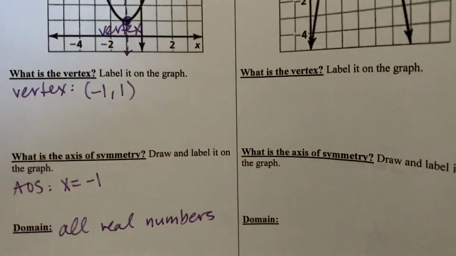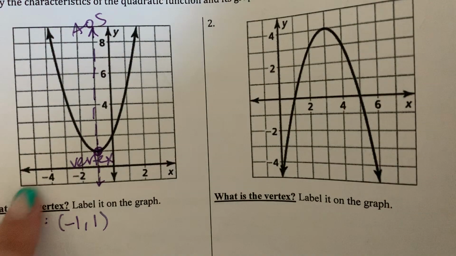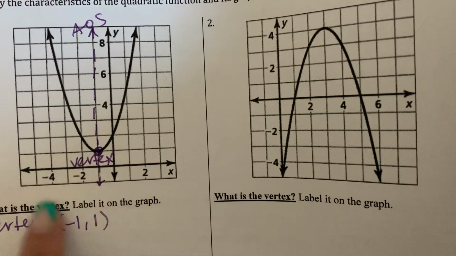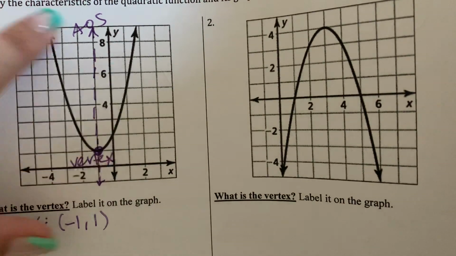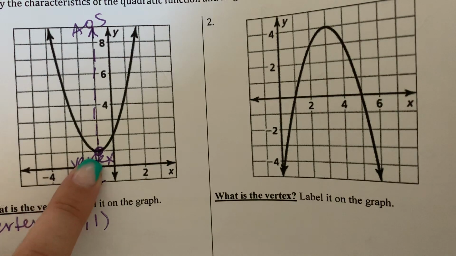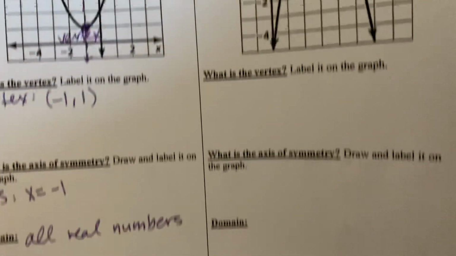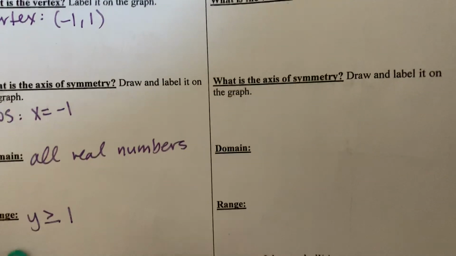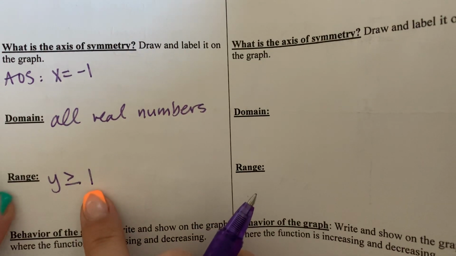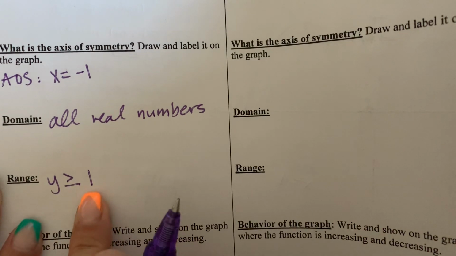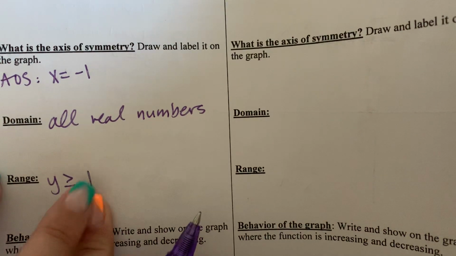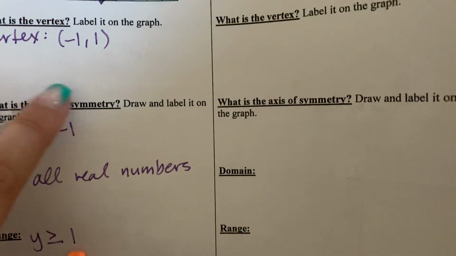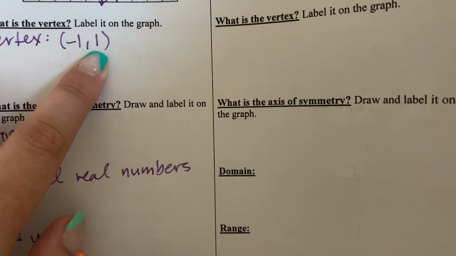And then looking at our graph, our y does not exist down here, so our y's don't start existing until y is equal to or greater than 1. So the range is y is greater than or equal to 1. Notice my range is the same. The number I put there is the same as the y value in my vertex.